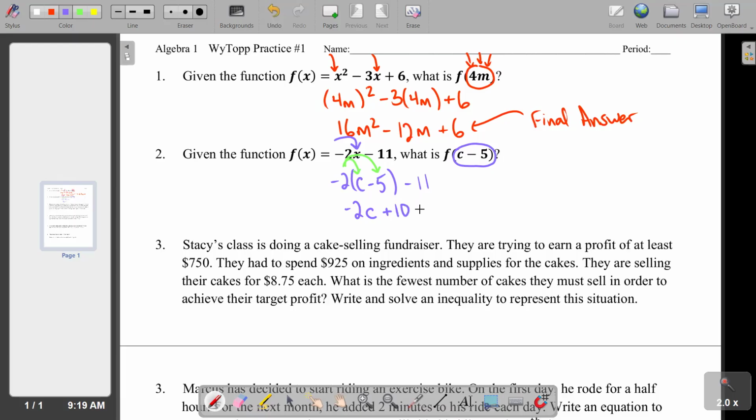Positive, so plus 10. And you can see, unlike its predecessor in this problem, there are two terms at the end that can go together. I'm underlining them for you. We always look for things that can go together. So 10 minus 11 is negative 1. For a final answer, we have negative 2c minus 1.